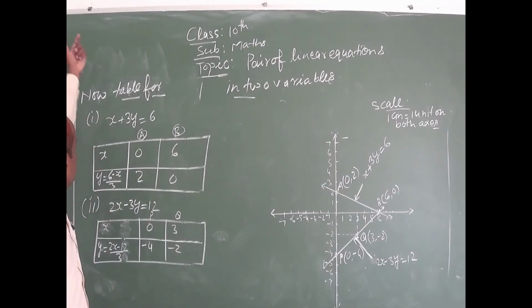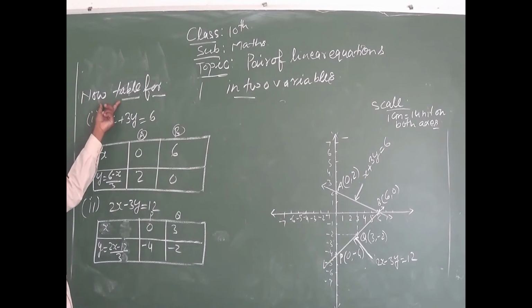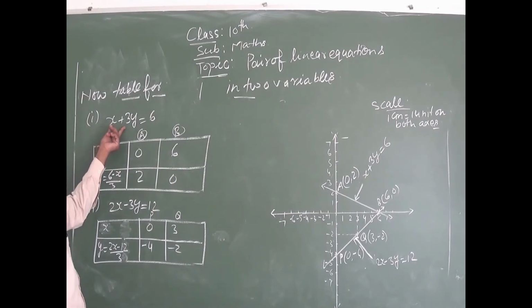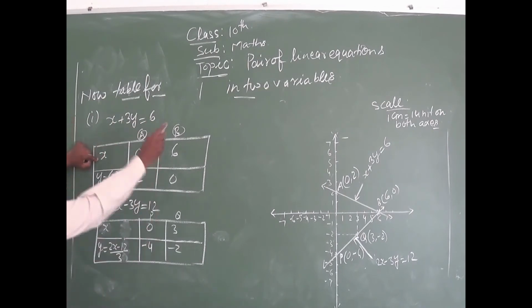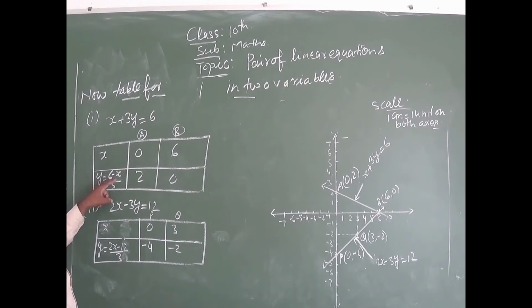Okay, so students, here first I am going to find the table for the given pair of linear equations. The first equation is x plus 3y is equal to 6. So here y is equal to 6 minus x upon 3. If we put x is equal to 0, we get 6 by 3, that is 2.